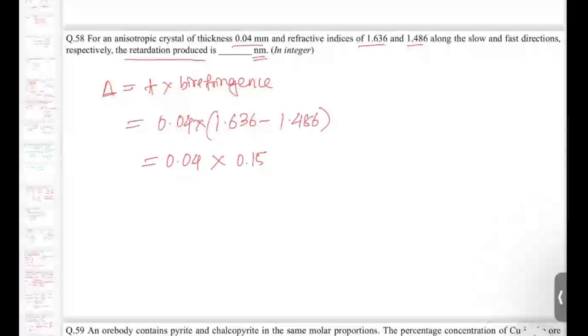So it should be equal to 0.006 millimeter. So now if you want to convert this into nanometer, just multiply 10 to the power 6. So it should be equal to 6000 nanometer. Okay, understood?